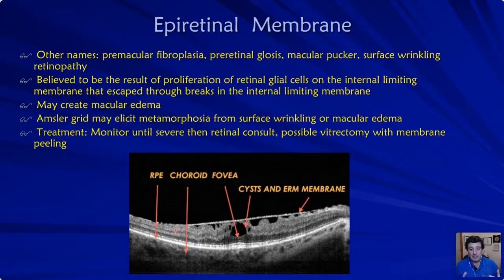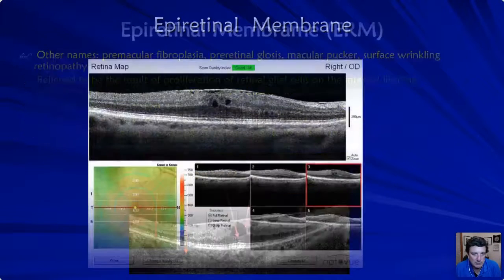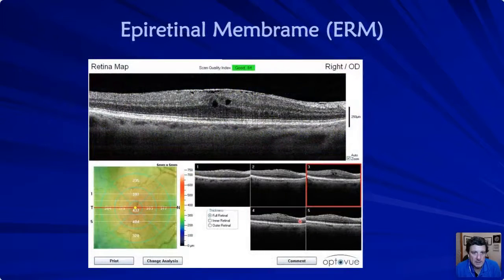And then as the membrane matures, it contracts on itself. So literally where this membrane comes from are these cells that are trapped in the neurosensory retina.